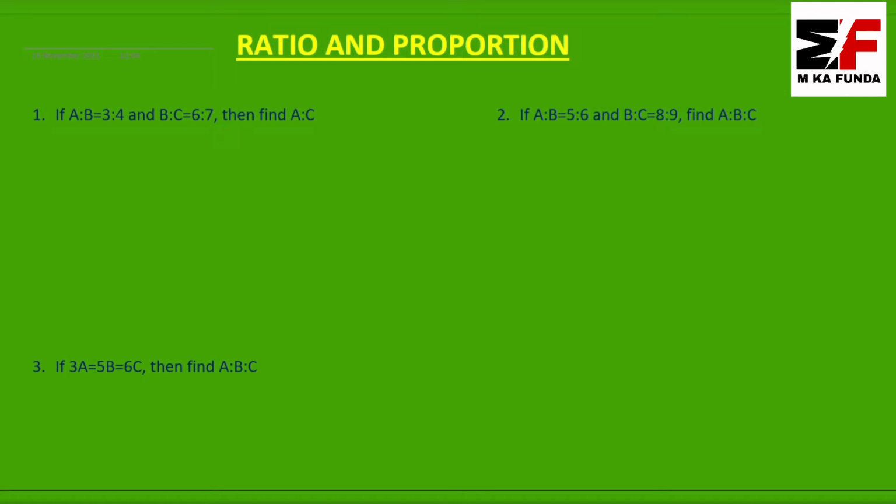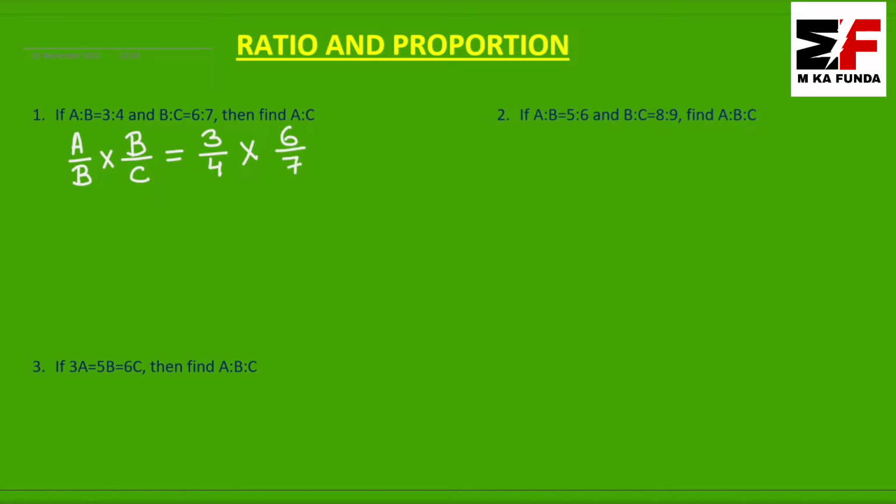So what we will do, we will simply write A upon B multiplied by B upon C. Now, what is the value of A upon B? In the question it is given 3 upon 4, multiplication sign, and B is to C is equal to 6 upon 7.